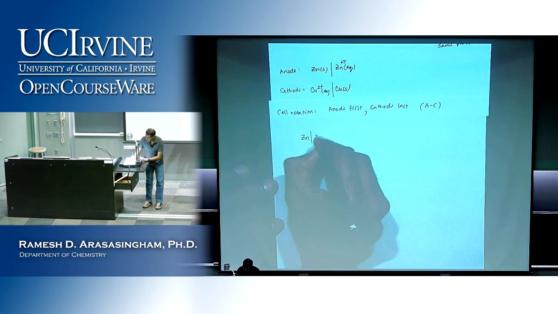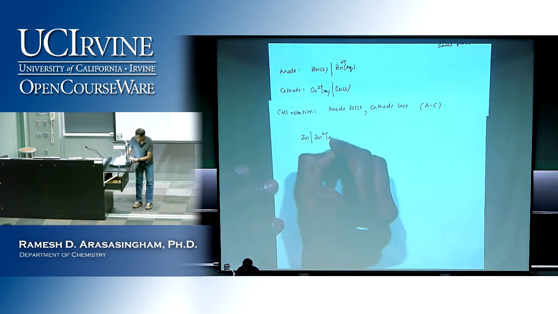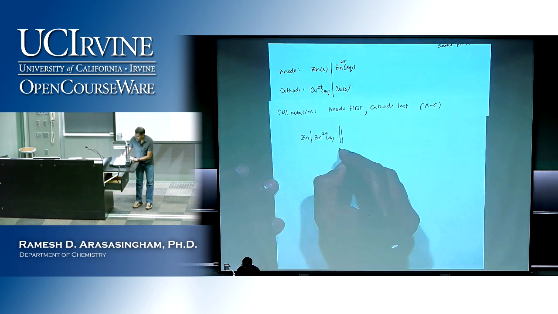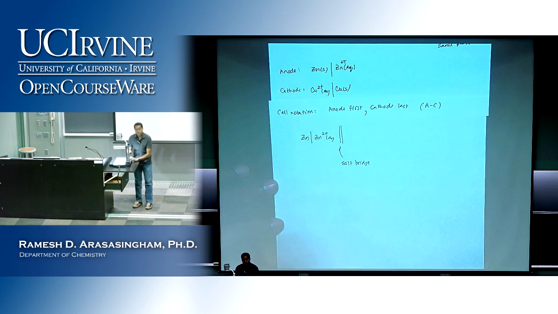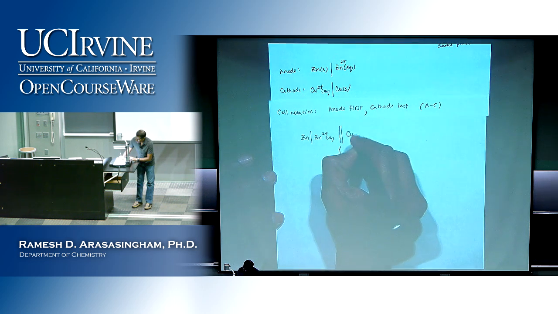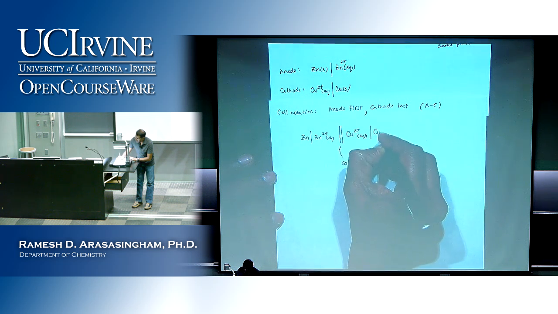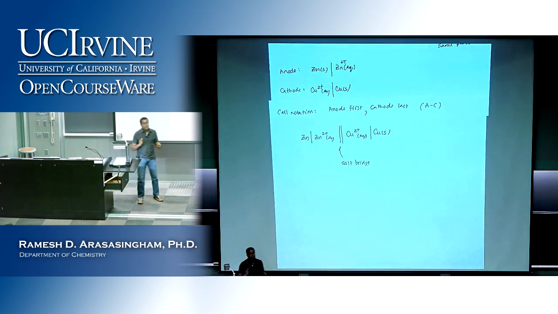So vertical line, zinc 2 plus aqueous. Now I put a double line, and this double line refers to the salt bridge, which completes the circuit. And then on the other side, we have the cathode, reactant first, vertical line, product.